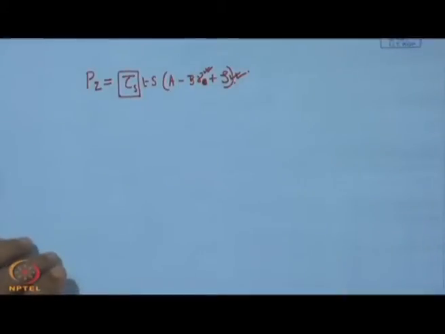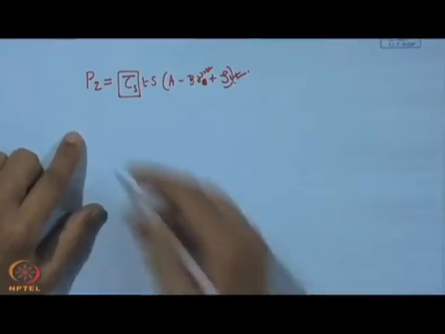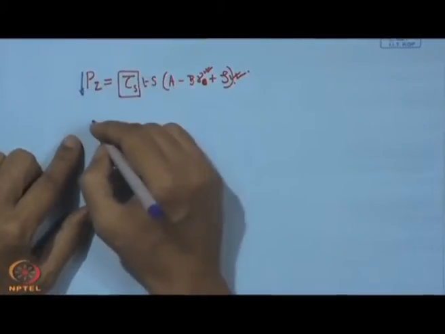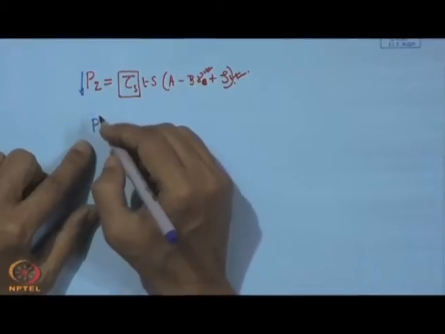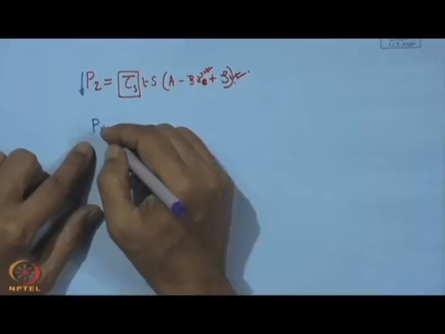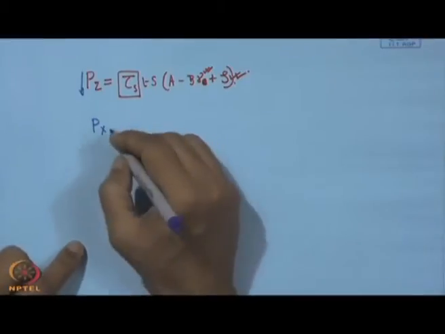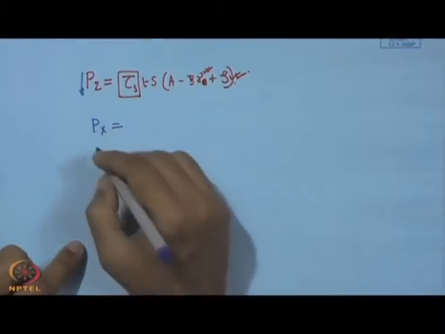So, it is a twofold advantage. The P z value can be brought down, then P x, which is the axial force, is very close to the friction force prevailing at the chip tool interface. Then we have P y.